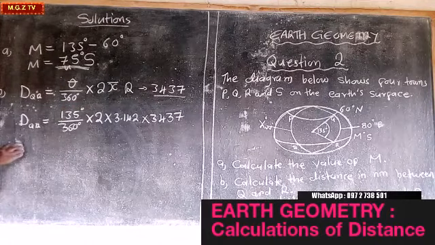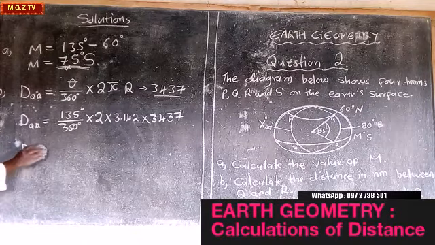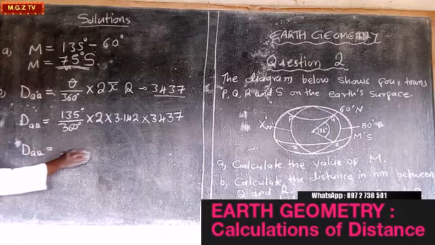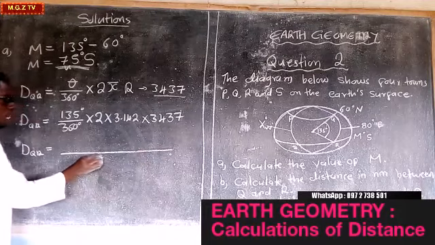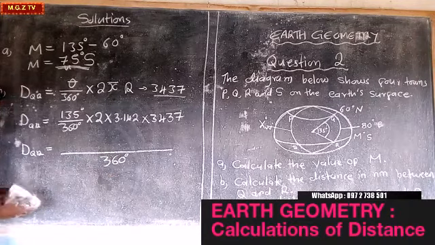What to do next is to multiply directly. Then everything should be divided by 360.